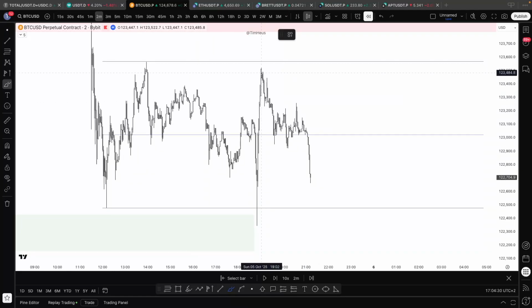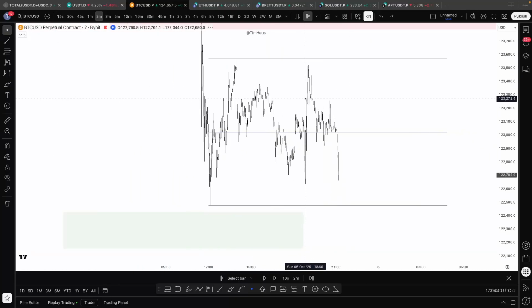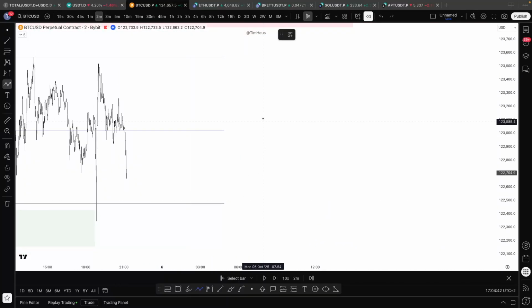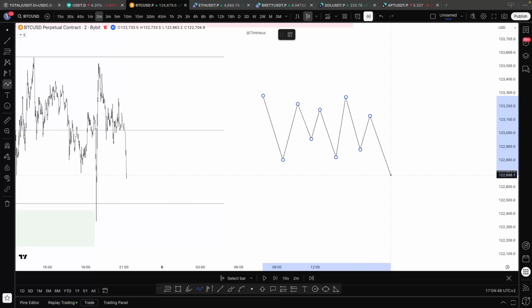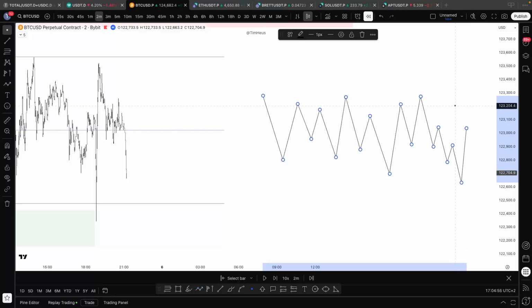But what happens? Why does it matter that it doesn't take out this high and that it just stays below it? That means when price is in a range, and that's why you need to have sideways action in a range, price is ranging, and you have your first deviation, boom, and you have another deviation, boom, and it's a model 1, and you're going like this.